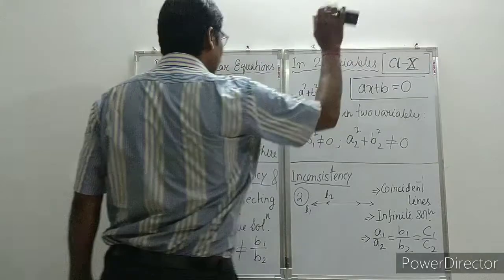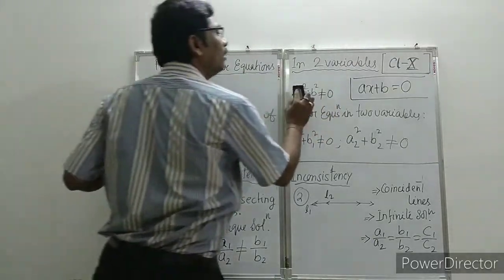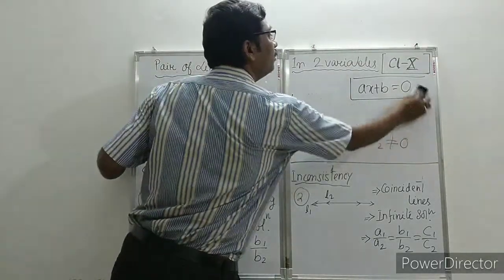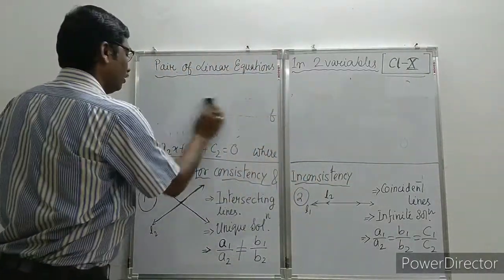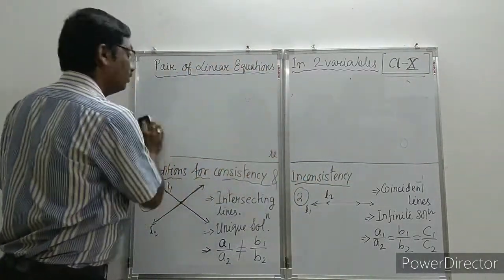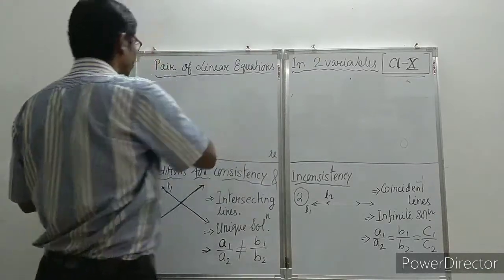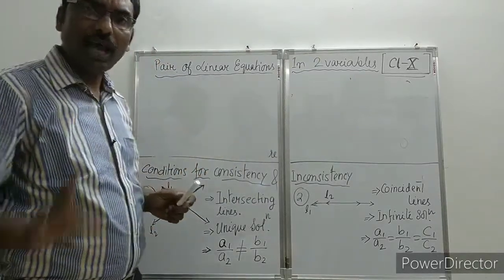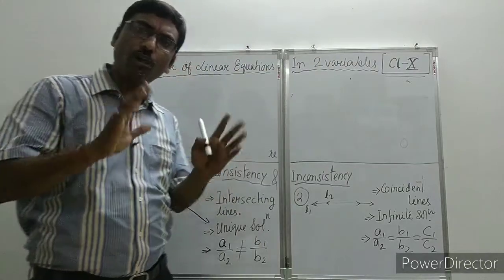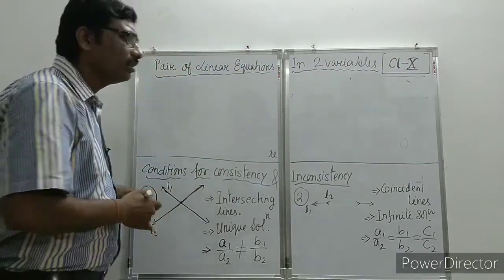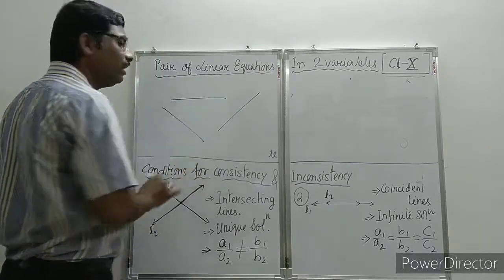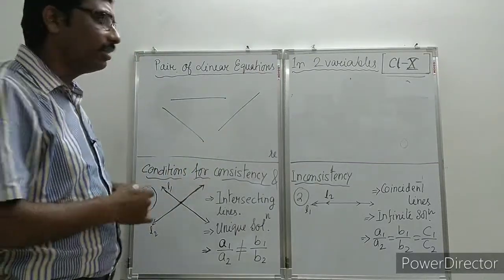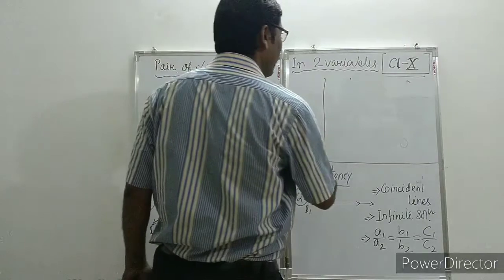Now comes the graph. The graph of a linear equation is always a straight line, when you draw the graph in the Cartesian coordinate plane.